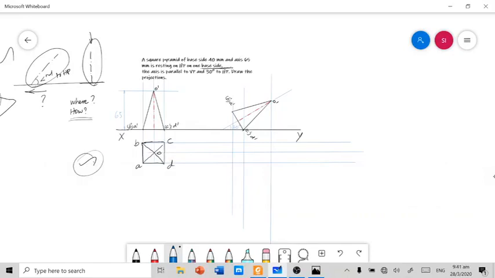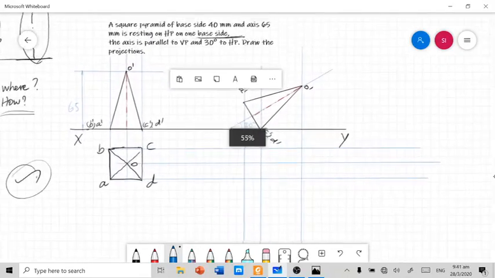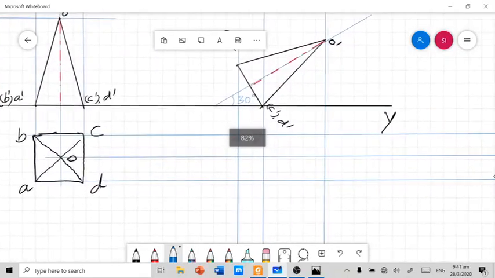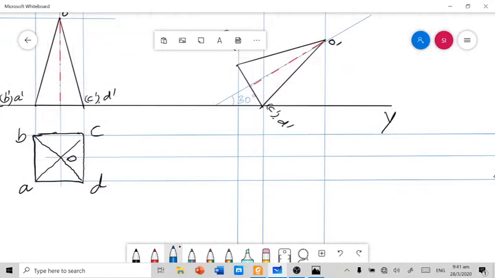Yes. And now you have to identify the cut points for each and every corner of the solid, starting from A, A dash.